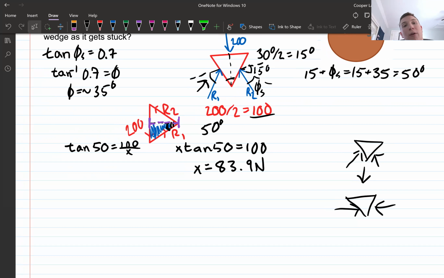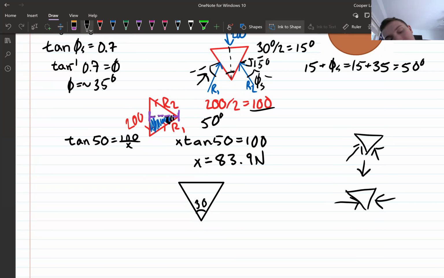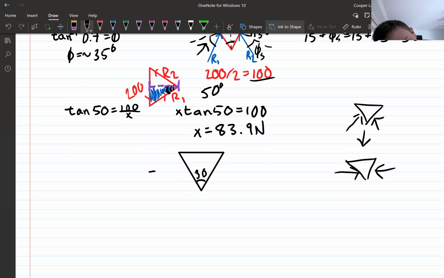So if I was to redraw my free body diagram for the wedge now that it's stuck, it would look like this. So there's that. This here will be 30 still. Yes, and we could split it back up again, but I'm just going to leave it like that. And we now have forces coming in horizontally still.